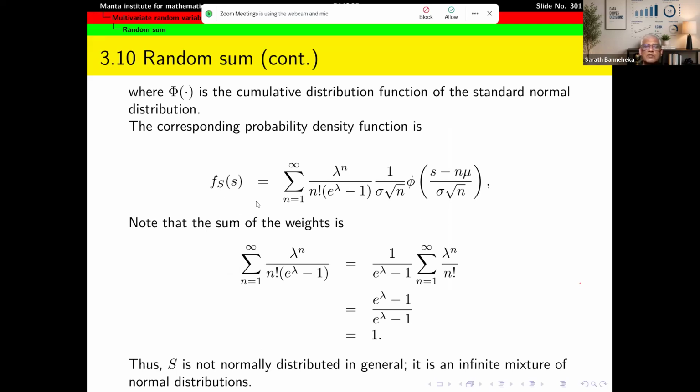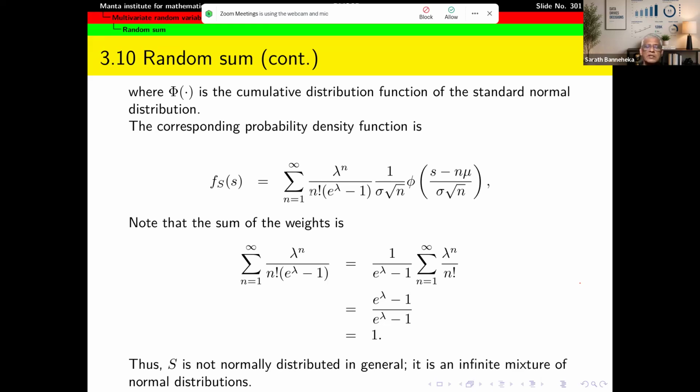Now, if you look at this quantity, it's an infinite sum, and this part itself is a normal density function, right? And this can be considered as some kind of weight, depending on n. So if you look at this quantity, actually this is the truncated Poisson mass function.